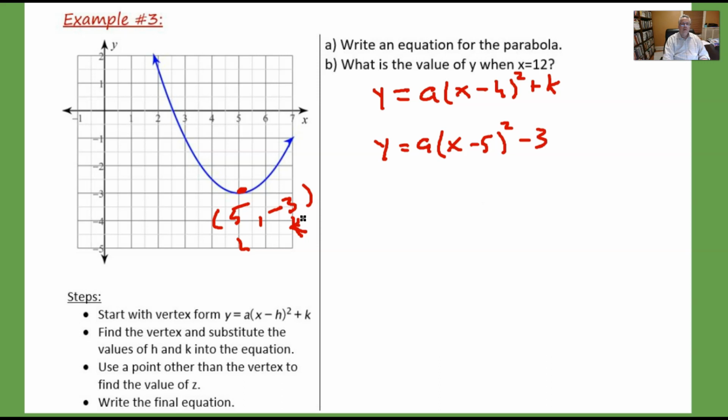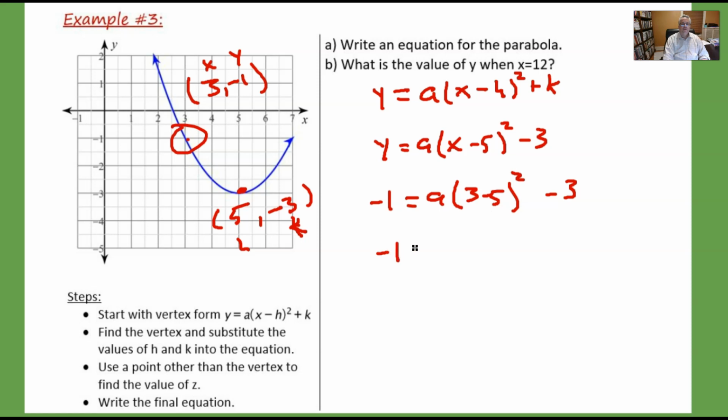Okay, let's look for a point. I see a nice point here that the graph goes through. We have 3, -1. That's the x-coordinate and that's the y-coordinate. It should make this equation true. So -1 equals a times 3 minus 5 squared minus 3. 3 minus 5 is -2, and when you square that, you get positive 4.